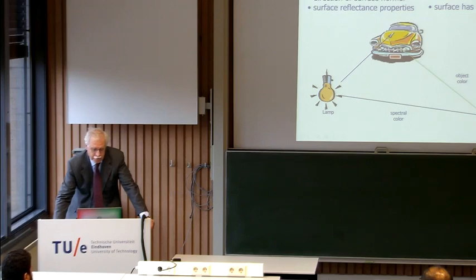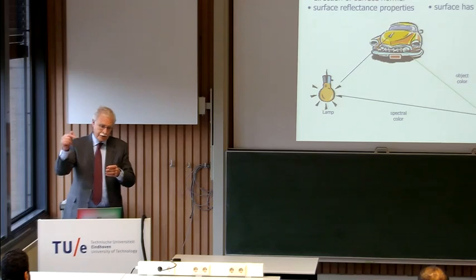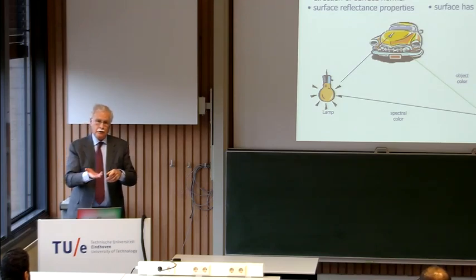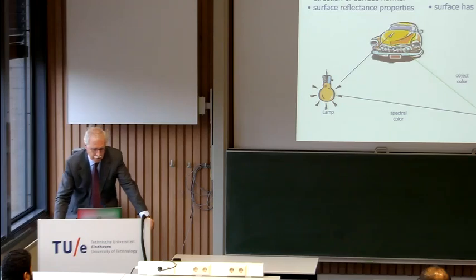But it is also dependent on the angle of incidence and the angle of reflection. So you have what's called the bidirectional reflection coefficient. If light comes in, there's some intensity change if it goes out. That's what we call the surface reflectance properties. Well, we take some simple examples in the calculations that I do.